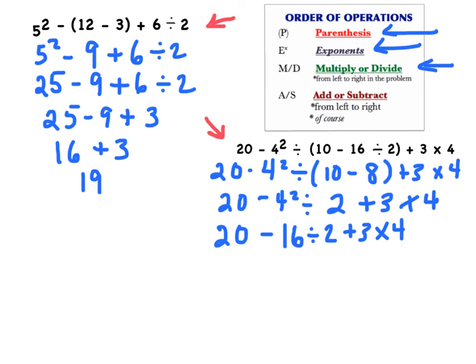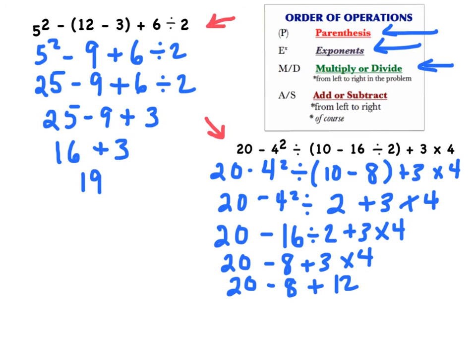Next, we have multiplication and division from left to right. 20 minus 8 plus 3 times 4. Next step, multiplication still. 20 minus 8 plus 12.